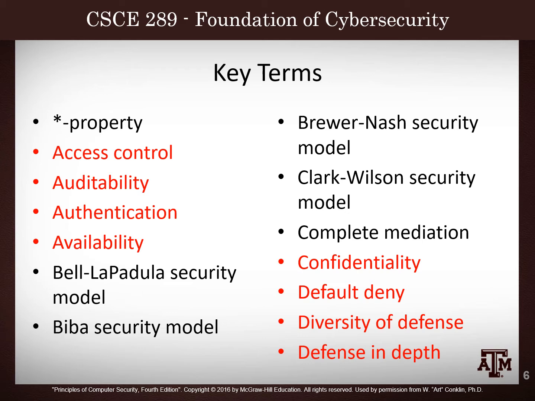Brewer-Nash is a computer security model defined by controlling read and write access based on conflict of interest rules. And the Clark-Wilson security model uses transactions and a differentiation of constrained data items and unconstrained data items. I'm not worried so much about this.